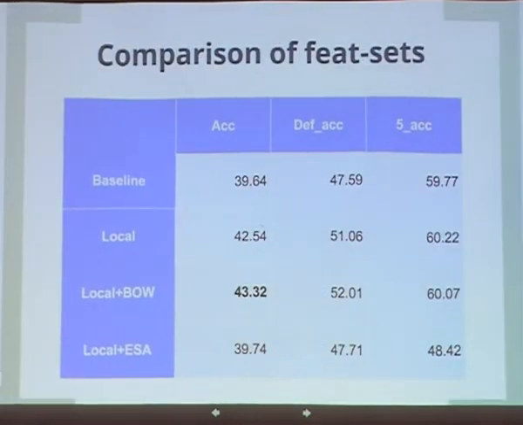Comparison of feature sets. The baseline is the same, then local, local plus bag of words, and local plus ESA. Local plus bag of words is the winner. Local plus ESA is very poor, especially the 5 accuracy, which is very strange.